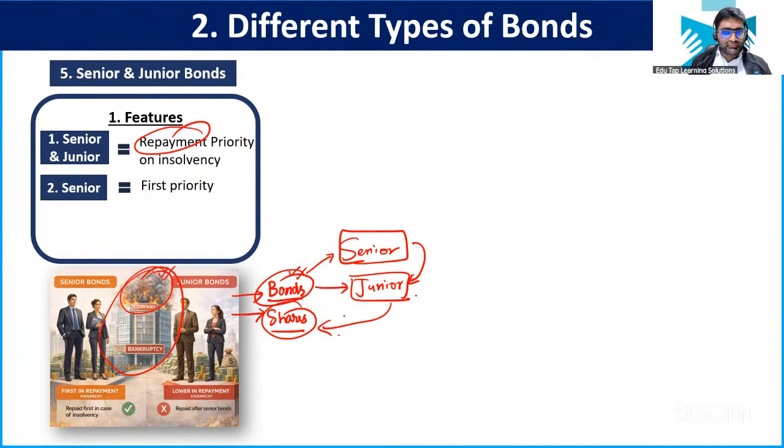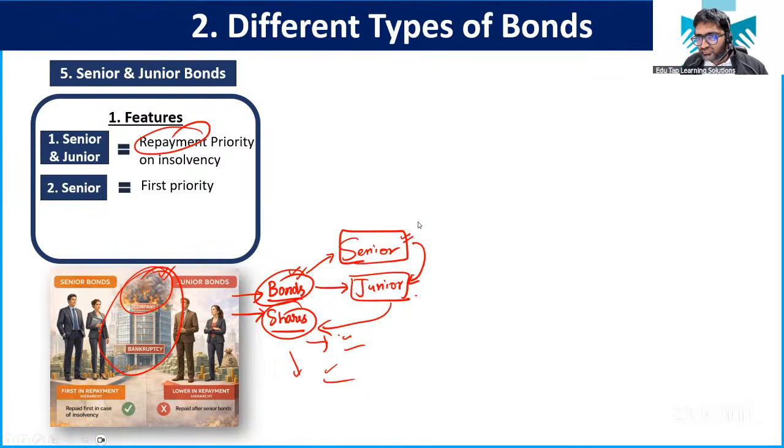In shares also there are two kinds, equity and preference shares. We will see what those are when we discuss the equity market, so stay tuned for that. So in bonds, whoever is holding the senior bond is going to get first priority in the repayment. Is that clear? Is there any doubt?